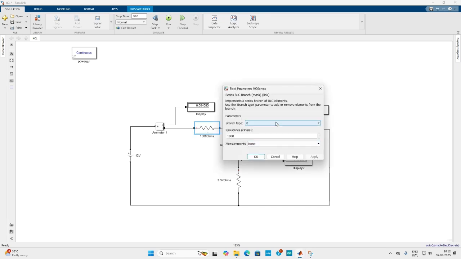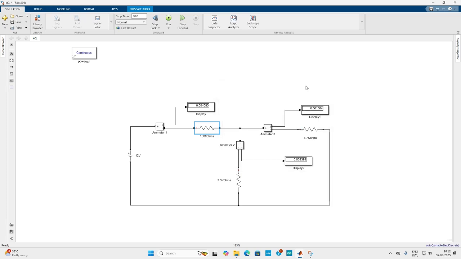Here the branch type becomes R, and the resistance is the value given in the circuit we used in the experiment. We have to connect all the elements as per the circuit diagram given in the experimental verification.